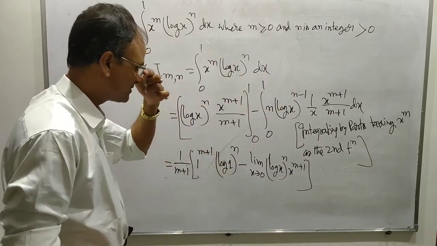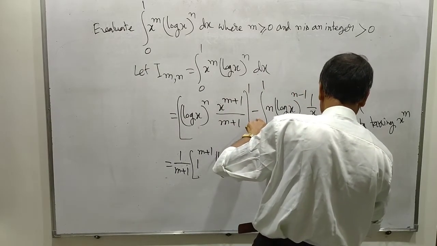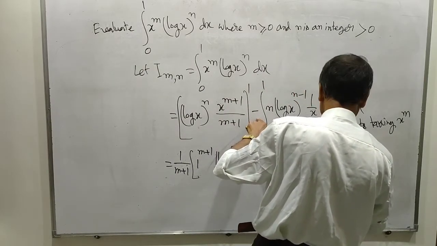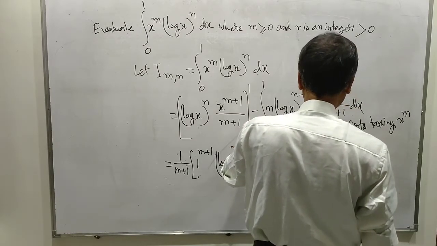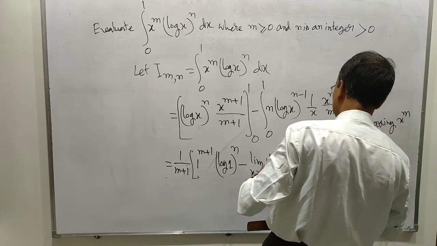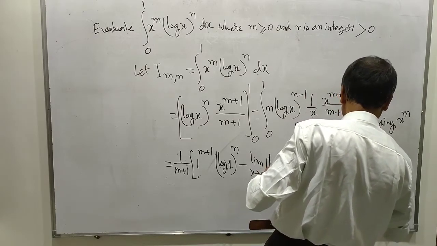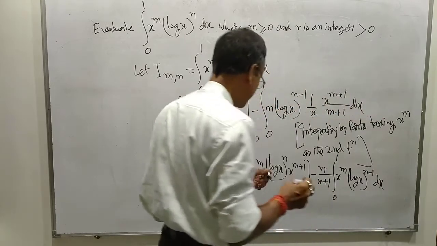From this you will get this. Minus n by (m+1), integral 0 to 1. This x will be cancelled. x^m (log x)^(n-1). Right?